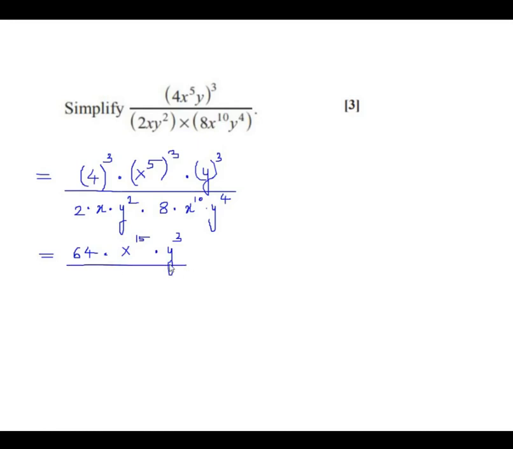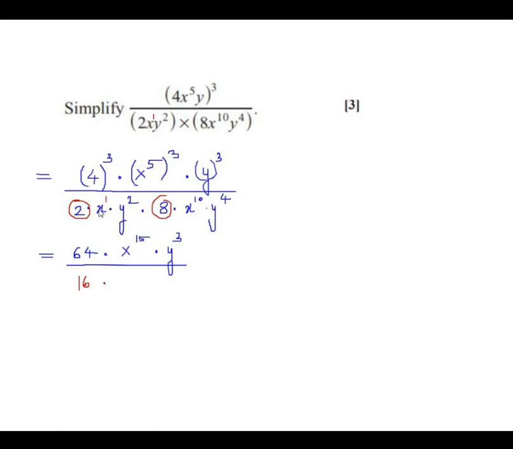This whole thing is divided by, I am going to multiply the numbers first. 2 times 8. Since there is multiplication between all the terms, take the number multiplication first. So 2 times 8 is 16. Then here x is raised to the power of 1. If x is not given any power, take it as 1.